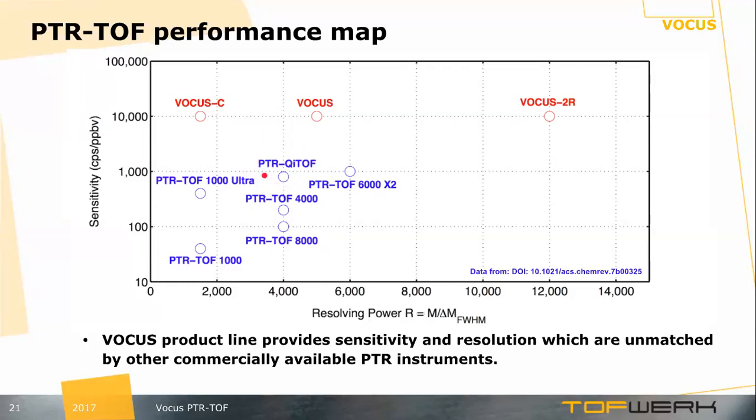This has a quadrupole interface, whereas these other ones have a lens stack, and the lens is much less efficient at transmitting ions. And this instrument has a hexapole combined with an ion funnel. Anyway, all these different instruments have different interfaces, and we all have the same interface, just different TOFs. And that's why all the sensitivities are the same.